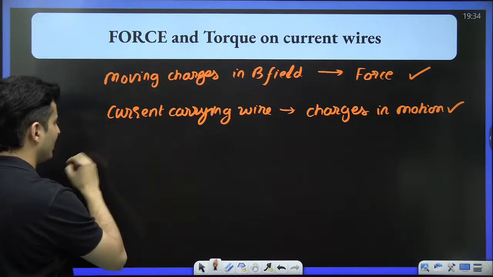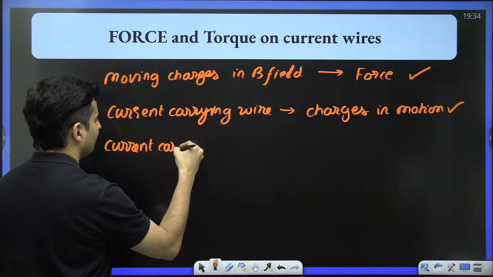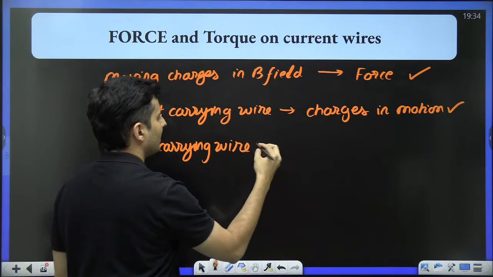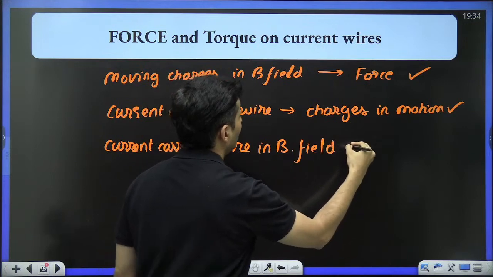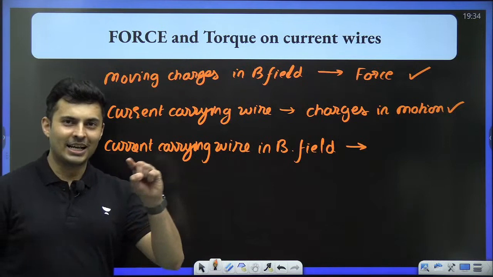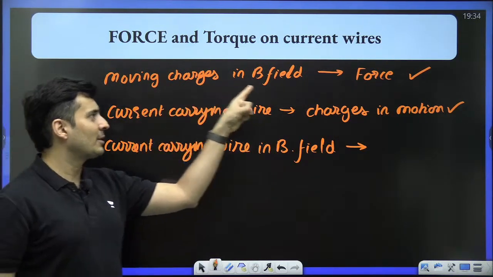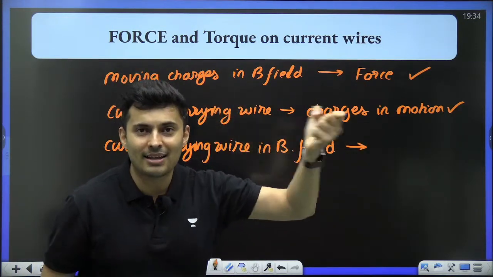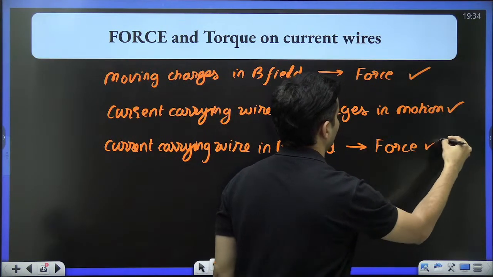So now I ask you, if I take a current carrying wire and then place it in a magnetic field, do you think it should experience a force? Inside that wire there are charges which are moving. If there are charges which are moving in that magnetic field, obviously they will experience force. So won't the wire as such experience force? The answer is exactly yes.